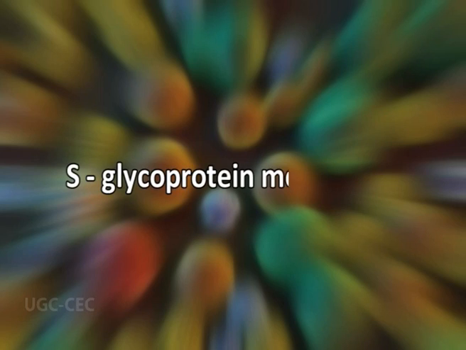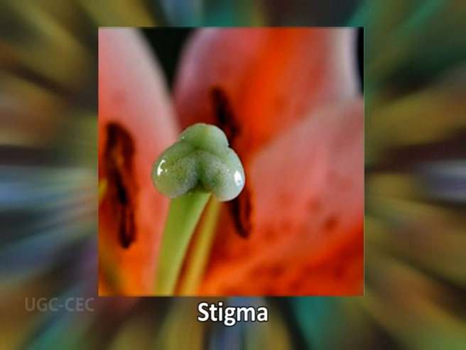In the S-glycoprotein mechanism, the female determinant is expressed in the stigma. Here the male and female determinants interact with each other and a signal is transmitted into the pollen tube, which results in a strong influx of calcium cations.